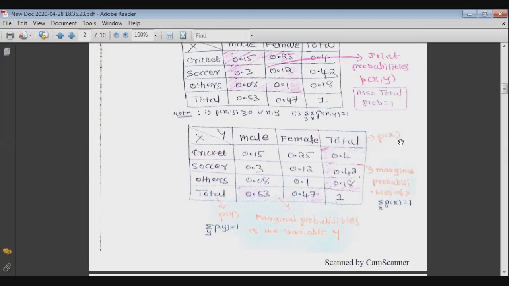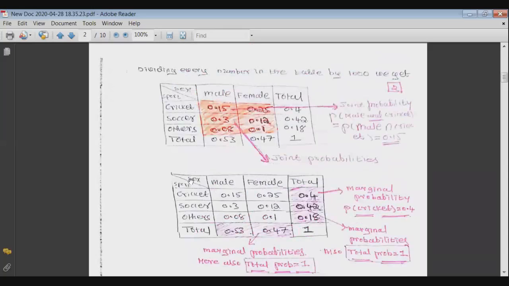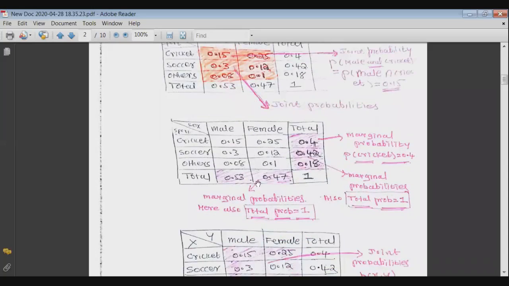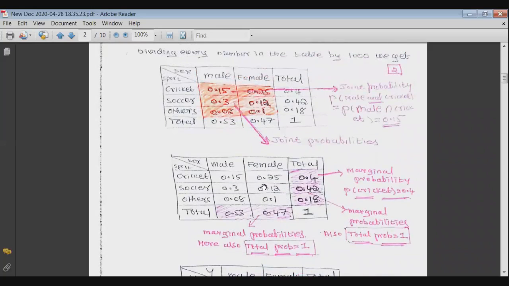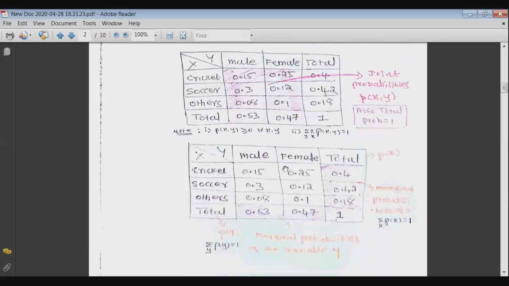These are marginal probabilities of the variable x, with respect to sports, and these are marginal probabilities with respect to gender, that is male or female. Therefore, this example illustrates what joint probabilities and marginal probabilities are, and the nature of each. Marginal probabilities are also called individual probabilities.